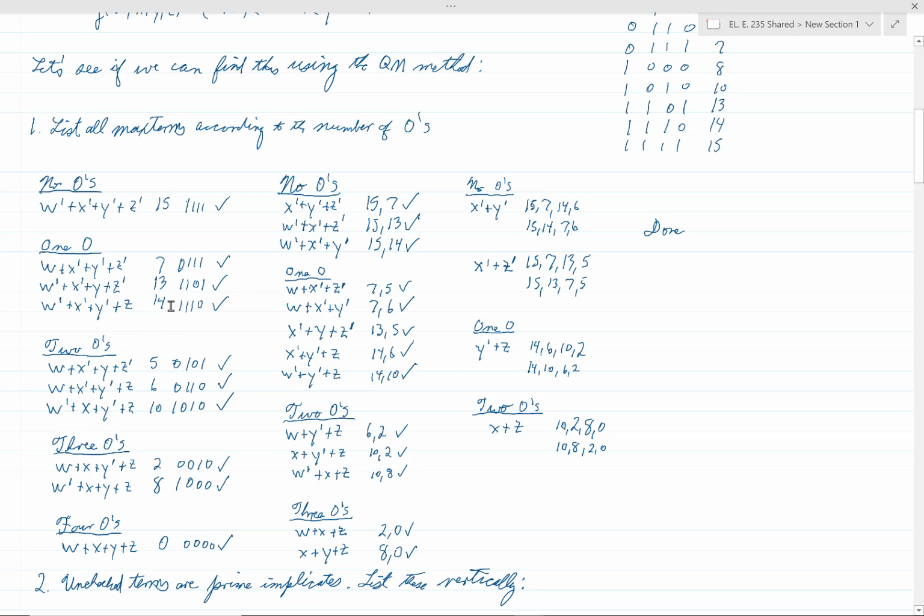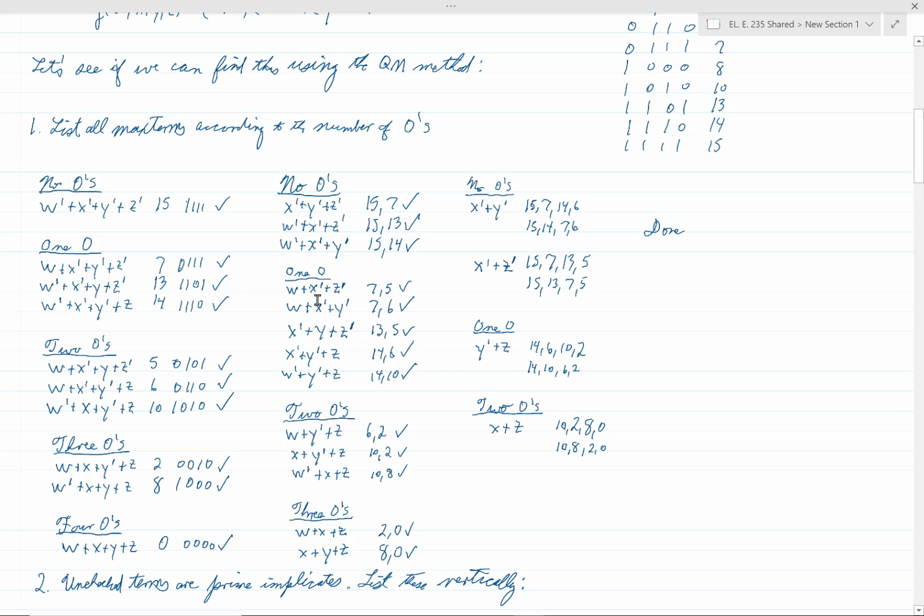And 15 and 14 will work because the difference is 1, which is 2 to the 0th power. And when we combine 15 and 14, this is what we get. And there are no more possibilities. So this is all the terms that we get that have no zeros in them.